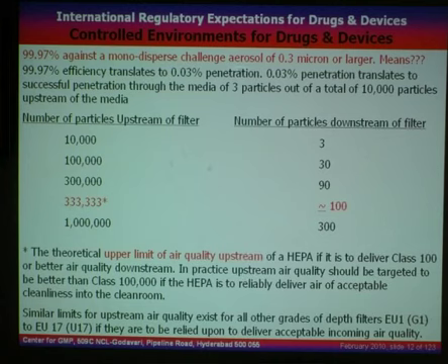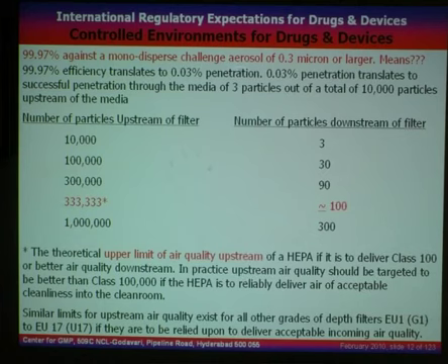But if it is 100,000, the number downstream is 30. If it is 300,000, then downstream you have 90. If you have 333,333 particles upstream, you land up with approximately 100 particles downstream of the filter.